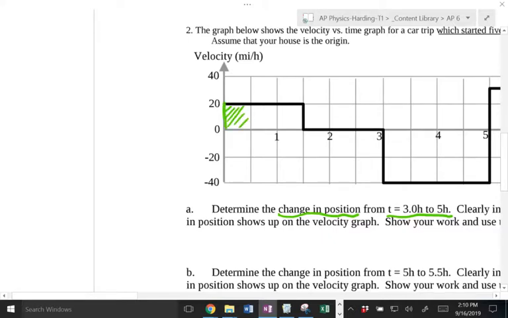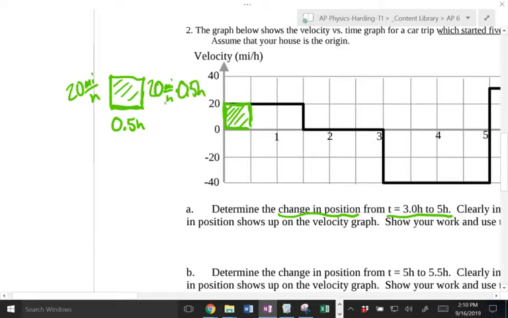So if we find the area of this one box here, how tall is that one box? 20 miles per hour. And how wide is this one box? Okay. So this is 20 miles per hour multiplied by 0.5 hours. 10 miles per box.